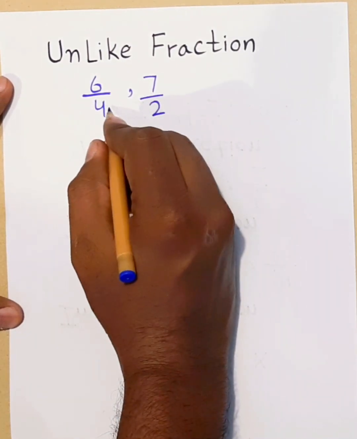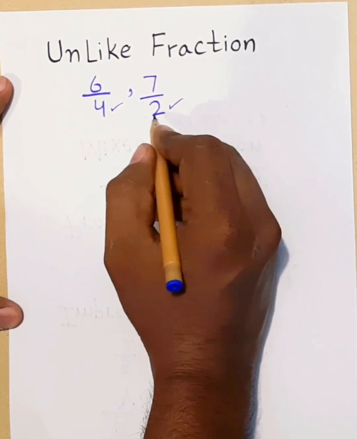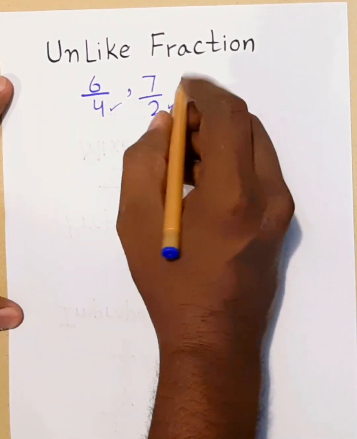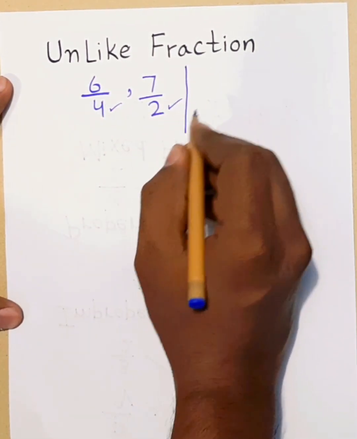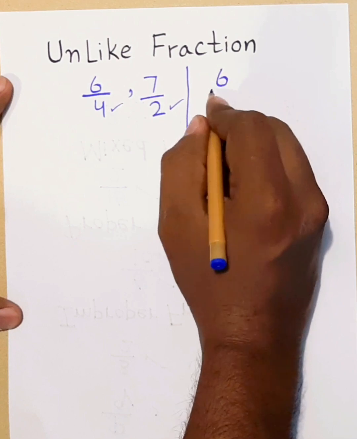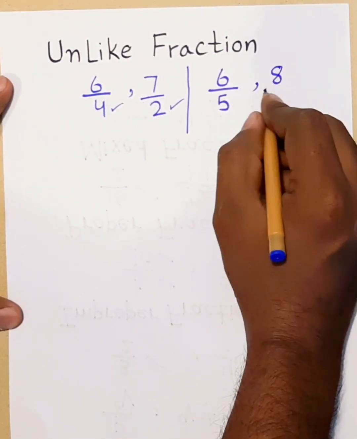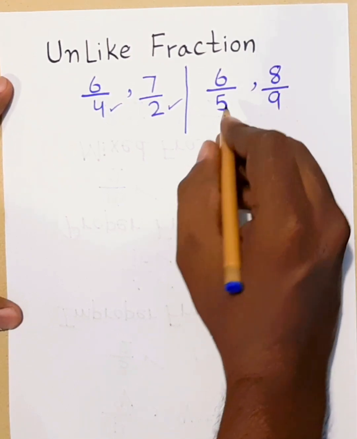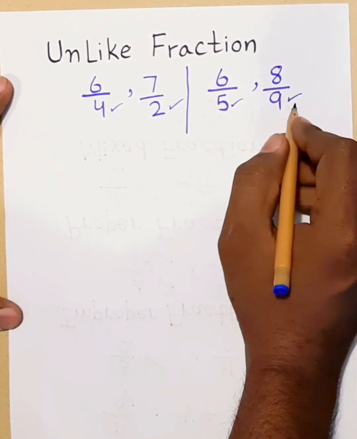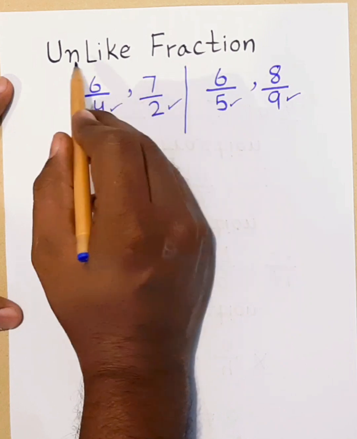Their denominators are different, so they are called unlike fractions. Again, one more example, 6 upon 5 and 8 upon 9. Their denominators are different. So they are called unlike fractions.